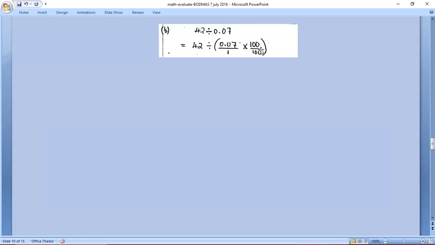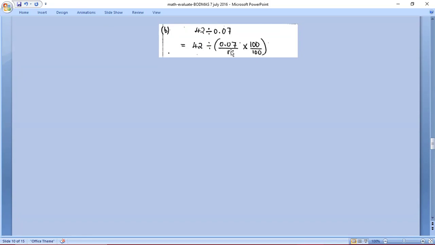So this 100 over 100 that I've introduced does not change anything, but it will help me express this in the form of a fraction that will become easier for me to manipulate the whole expression, so that I can quickly calculate and evaluate. All right, so we multiply by 100 over 100 to convert this into a fraction. This is how we convert a decimal number into a fraction. Multiply by 1.